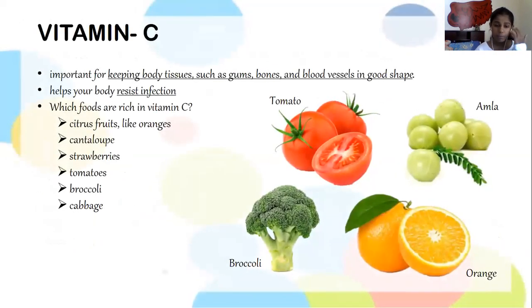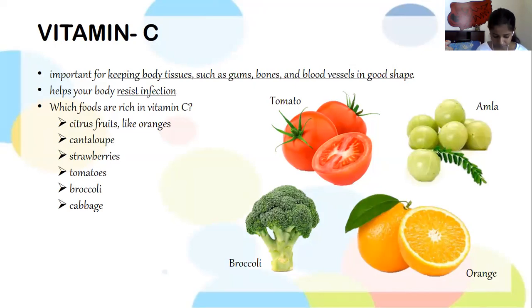Next, we have vitamin C, which is a very popular vitamin. It's present mostly in citrus fruits such as oranges and lemons. Now, what is the function of vitamin C? It helps to keep your body tissues such as gums, bones, blood vessels in good shape.